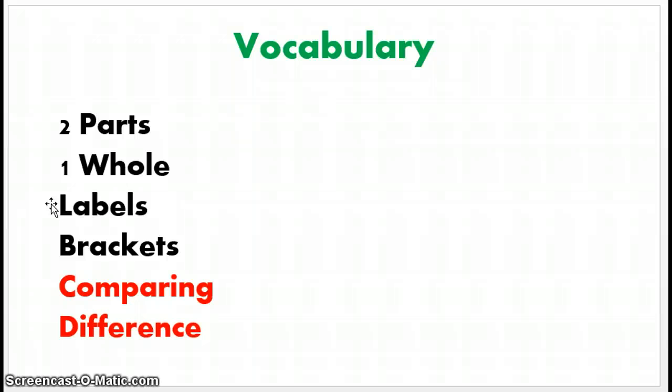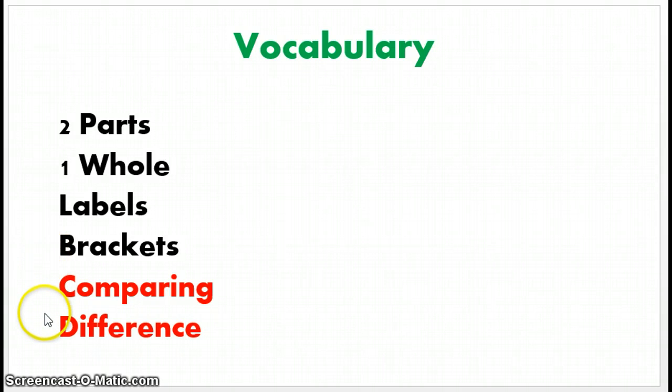And we also label one of our bars with a question mark, because that's going to be our problem that we need to solve. Next, we use brackets to label the parts with numbers.